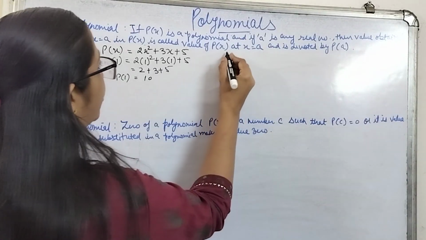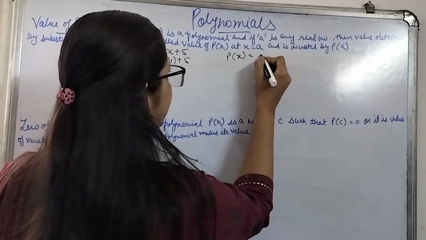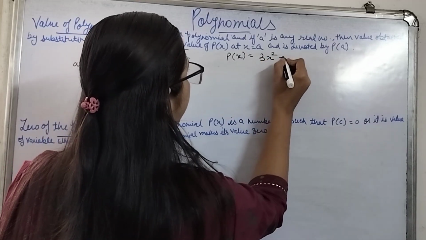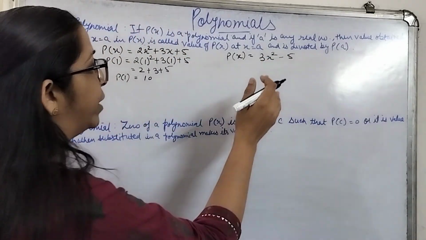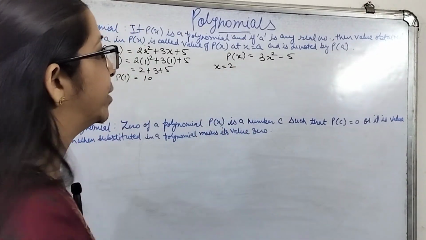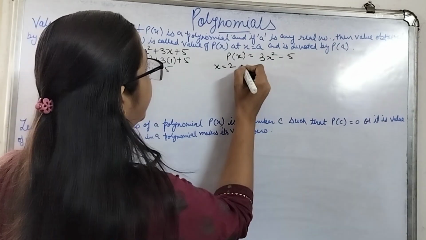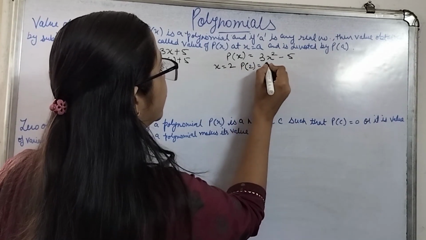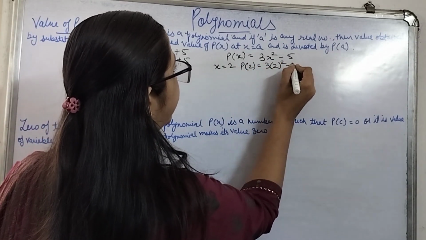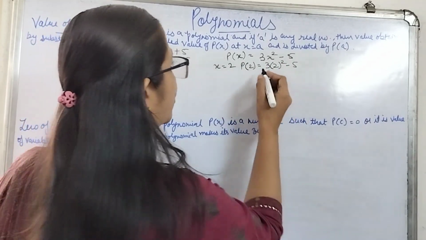Similarly, suppose I am taking another polynomial, say 3x square minus 5, and we have to find its value at x equivalent to 2. Then what we will be doing is, wheresoever x is coming, we will replace this x by 2. So this will be p(2): 3 multiplied by 2 square minus 5. 2 square will be 4 and 4 3s are 12.